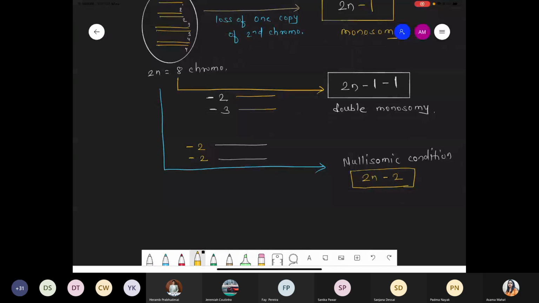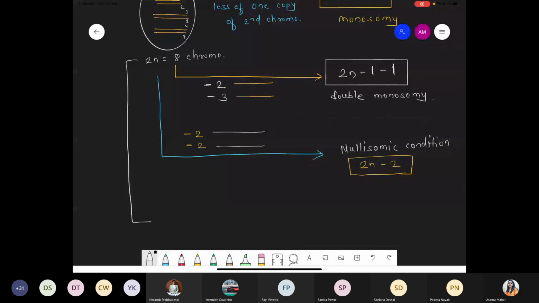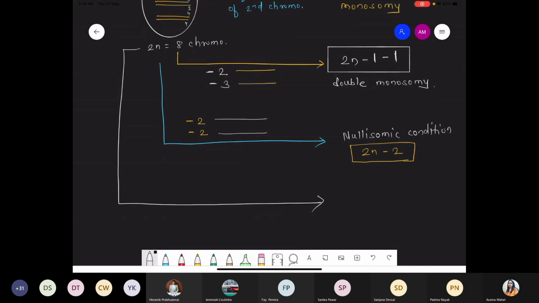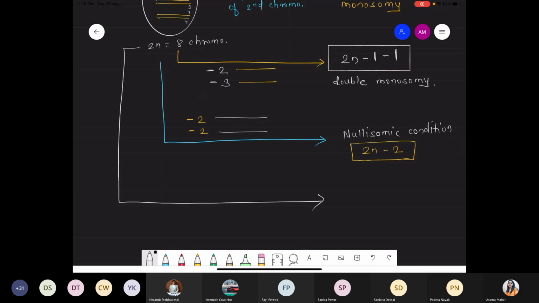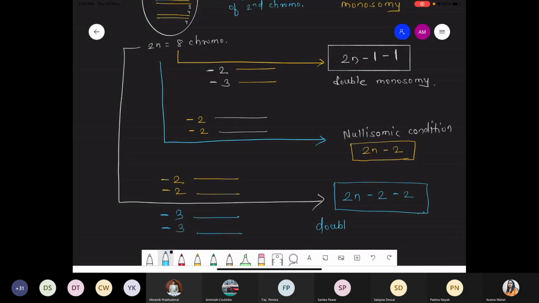And if such a condition happens, suppose with the same diagram, now not only two copies of the second chromosome but the third chromosome also gets deleted. It's your choice, you can delete the first chromosome or the fourth chromosome. So we deleted -2 -2, plus we deleted -3 -3, meaning both copies of the second chromosome as well as the third chromosome. Such a condition is represented by 2n -2 -2, that is the double nullisomic condition.